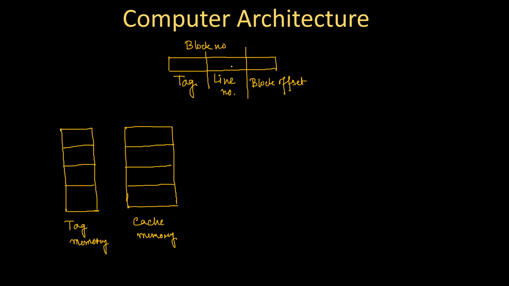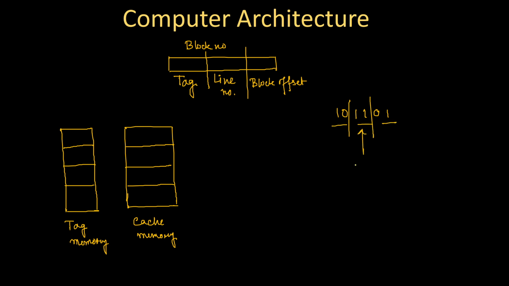When data is checked to see whether it is present in the cache or not, it first checks the line number, and we go to that particular line. For example, consider an address 101101, which is a 6-bit physical address generated by the CPU. We have seen that I have 3 parts.